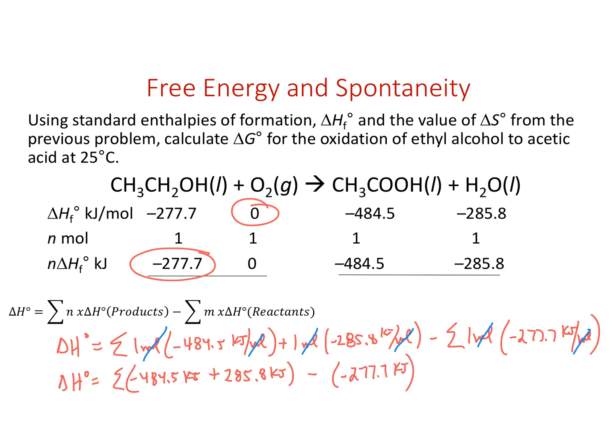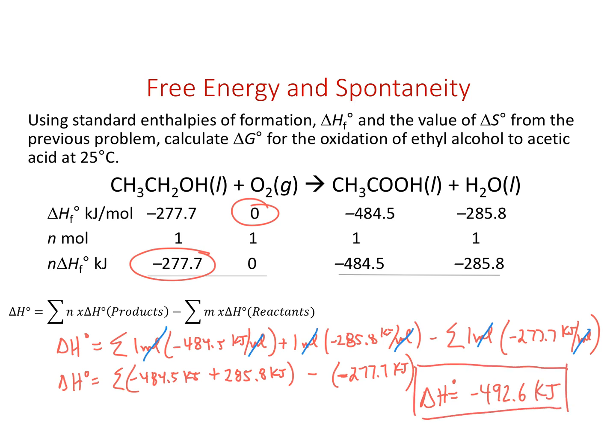And again, remember I said the biggest mistakes that people will make in these calculations are simple addition and subtraction. So we are subtracting a negative number, so really we are adding that 277 to the total. So the delta H for this reaction ends up being approximately negative 492.6 kilojoules.